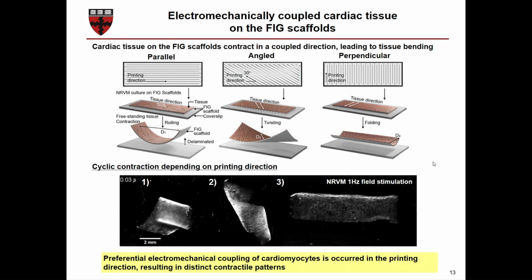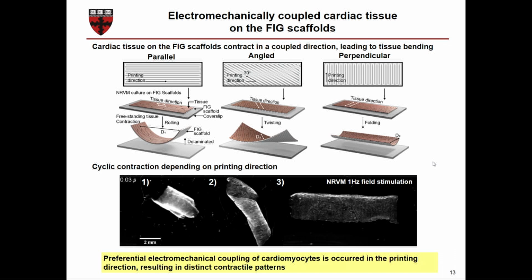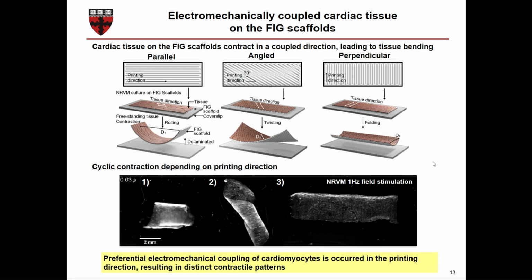Because it has long tissues, they want to roll up, and when they are angled, the bending becomes twisting, and when they are in the perpendicular direction, the bending becomes a folding motion.